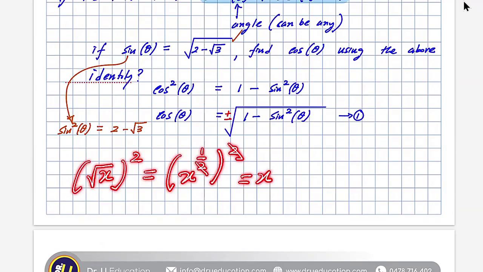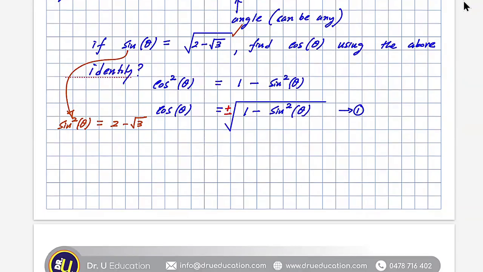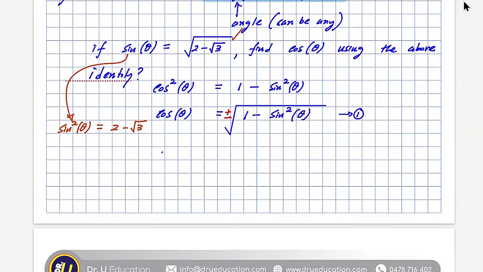So that means this square root will disappear. So when you take the square of this, this square root and this 2 will cancel each other. In normal terms, you can say square root will disappear. Now, we have plus and minus. That's okay. So now we are going to substitute this in here.